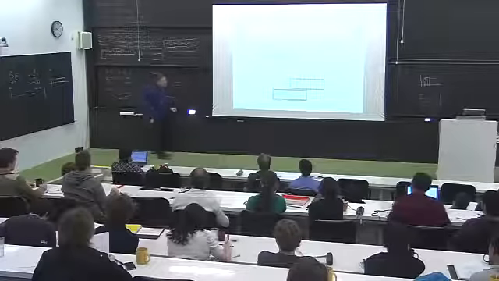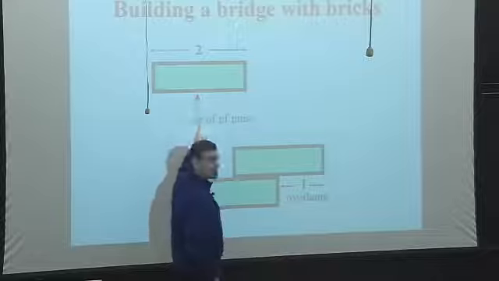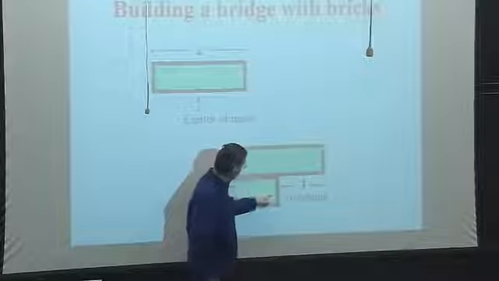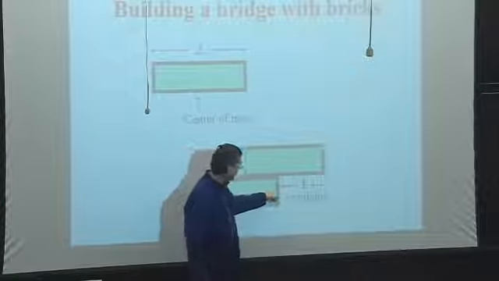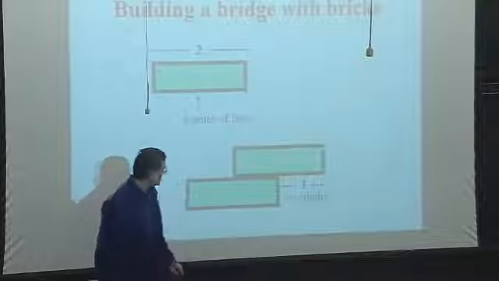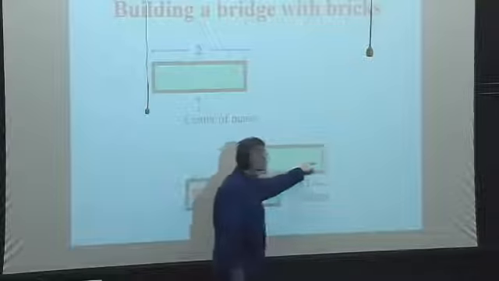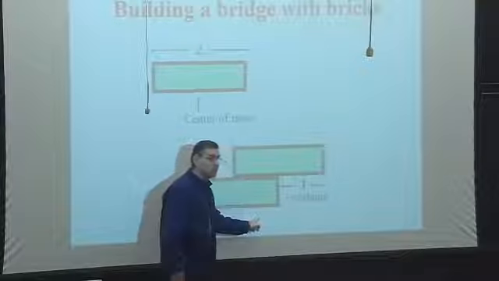Okay, well, let's see. So the center of mass of this brick is right in the center. So I could put this brick on top of that, right? And now I get an overhang of 1 inch. Now the center of mass of this object is right over here.